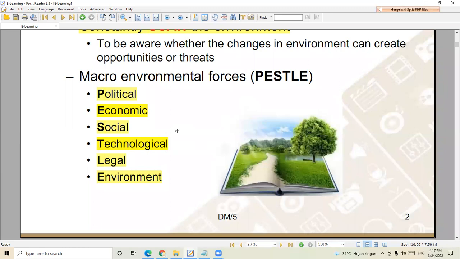That's why in our discussion, we will focus more on these 2 factors, technological and economic.